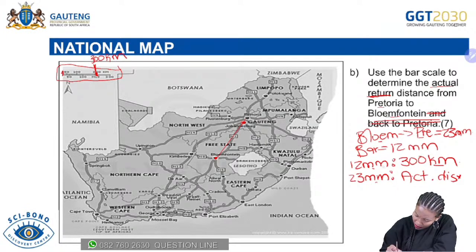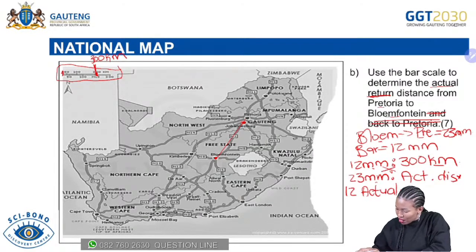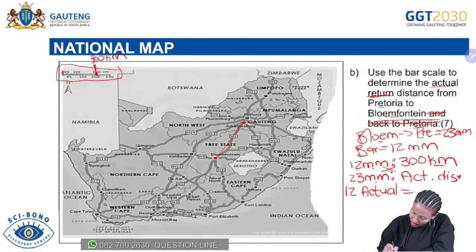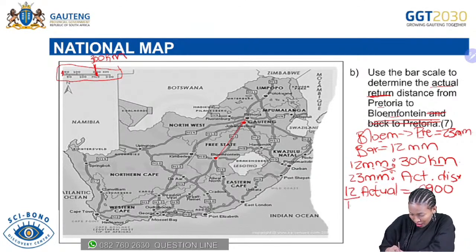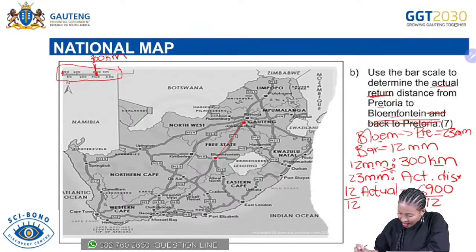So let's cross multiply. 12 multiplied by actual, it is 12 actual. And then 23 multiplied by 300, that is where you take out your calculators to say 23 multiplied by 300, it is 6,900. But we want the actual distance, so I'm going to divide this side by 12. What you do this side, you'll also do on the other side.